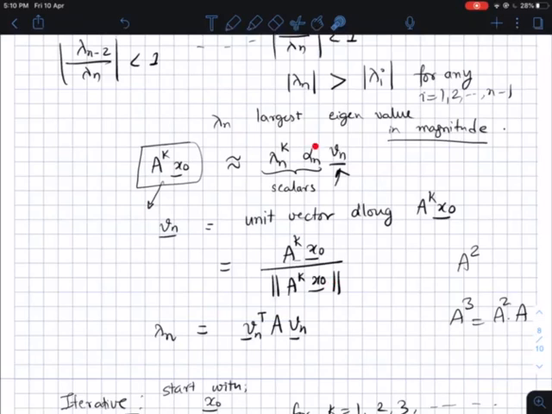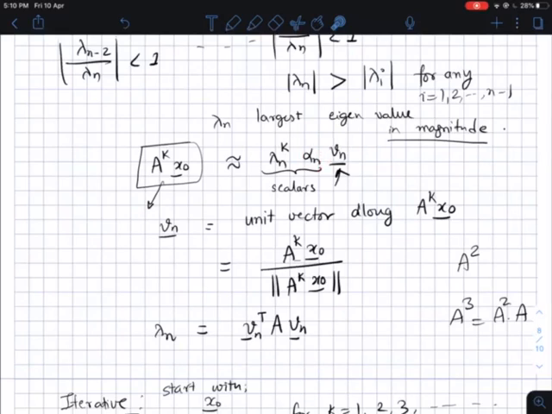In other words, this quantity must not be small, because this is effectively the magnitude of the vector, since Vn is a unit vector. Lambda n of course is not 0, because we assumed lambda n is the eigenvalue of the largest magnitude, so that cannot be 0. If lambda n is 0, the whole matrix might as well be 0.